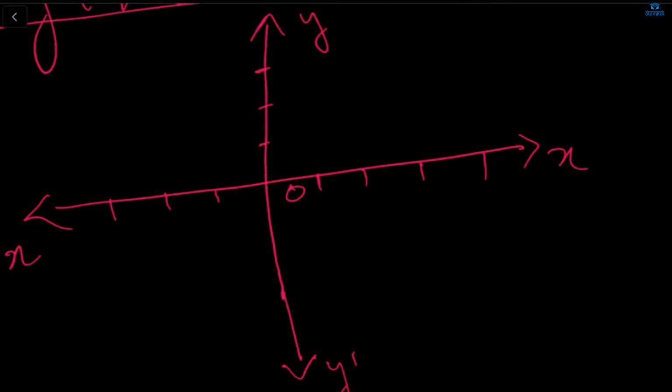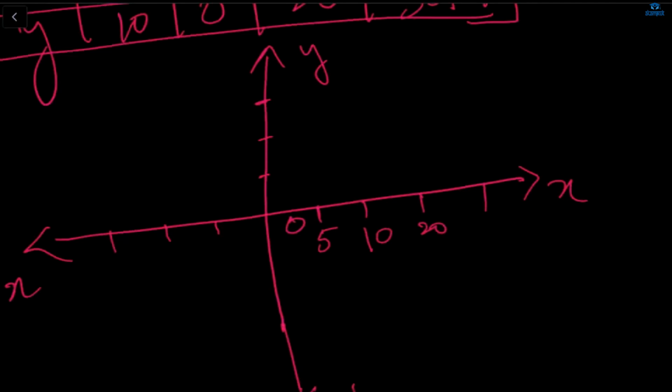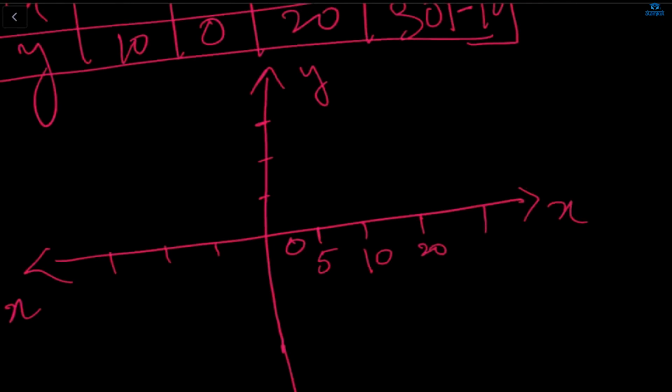Because you cannot take 1 unit, then you cannot go that far, and moreover the points will be very small here. So 5, 10, and so on. Ma'am, on graph paper, we will write at the corner that 1 square is equal to 10 units. Yes, but I'm taking 5 units here, so you take 5 units here.